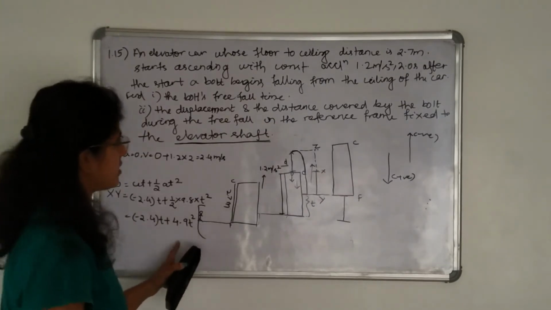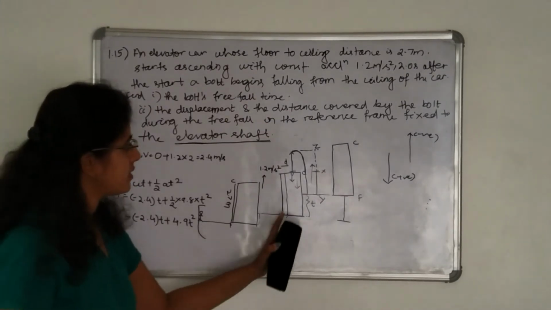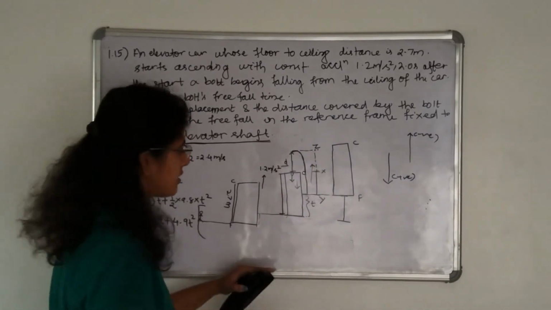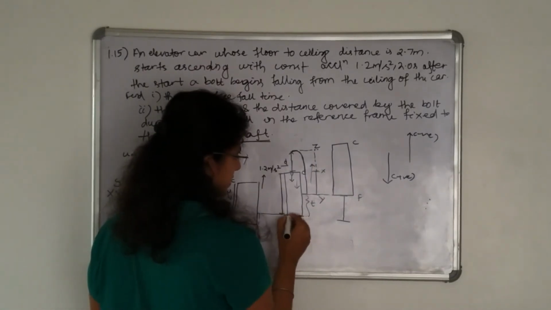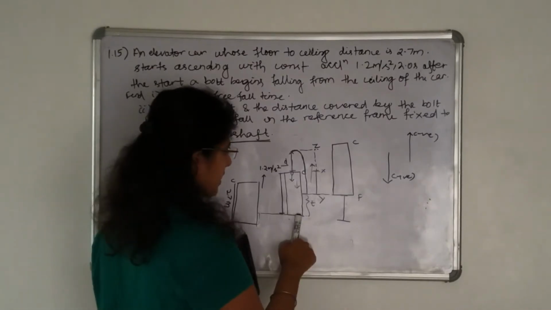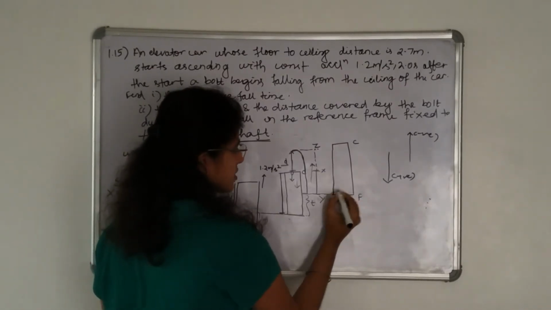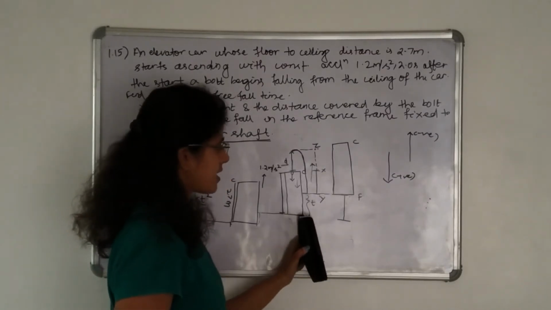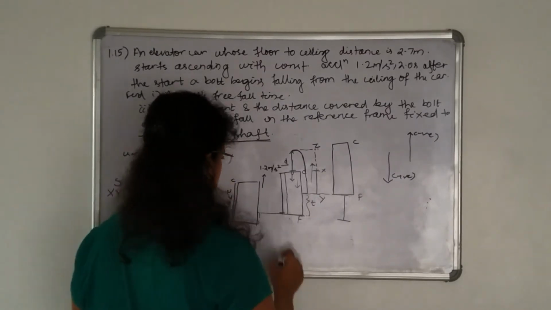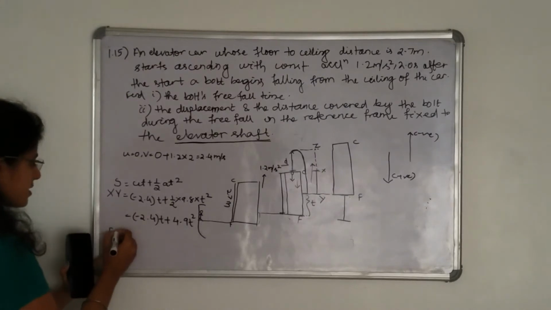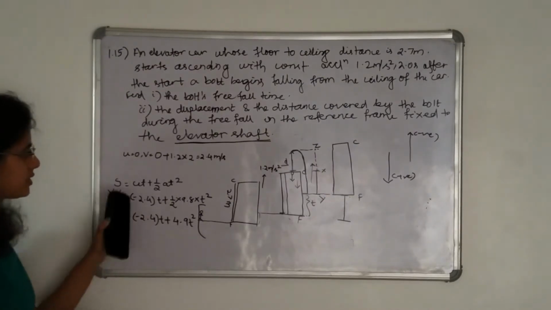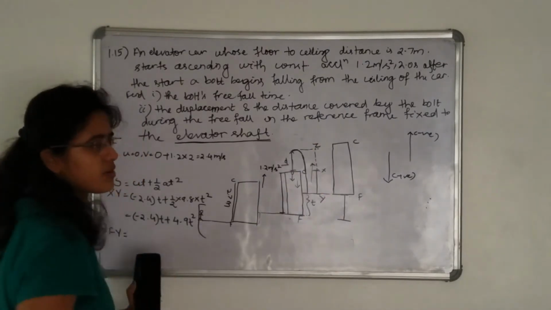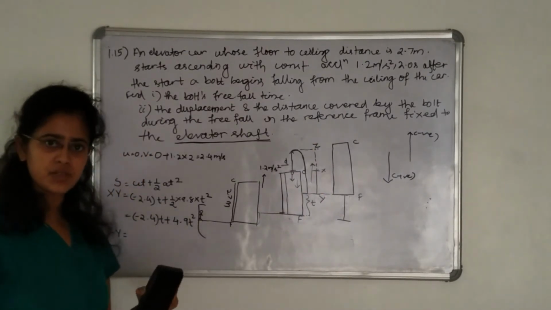Next we have to calculate in this t time how much this elevator moves. Initially the elevator is at this position. After time t, it has moved to this position. So this is the floor. We have to calculate this FY displacement. So displacement FY is ut plus half at square. The elevator is going in this direction with velocity 2.4 meter per second.